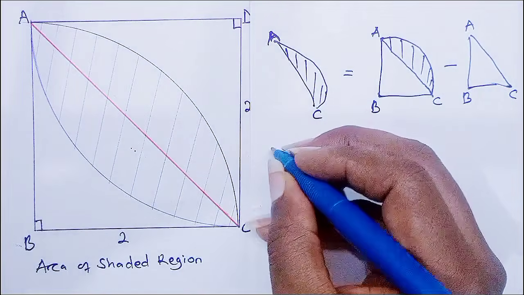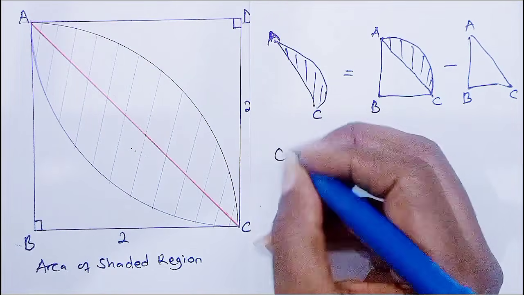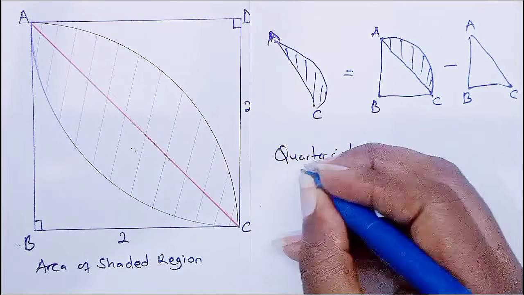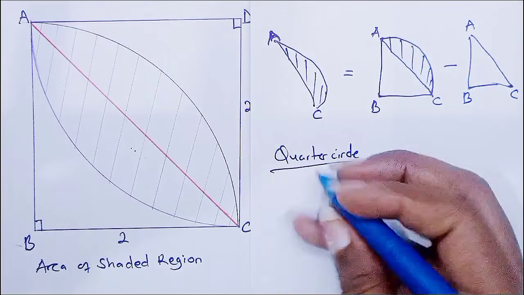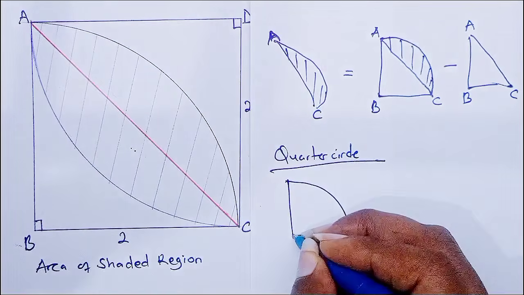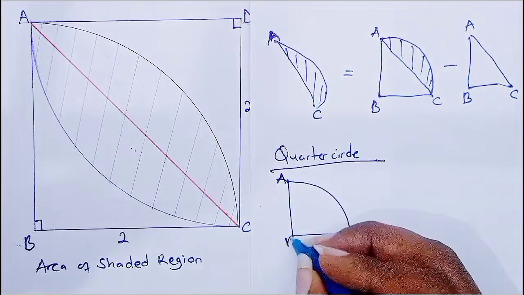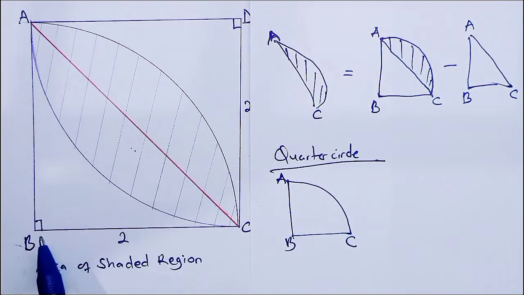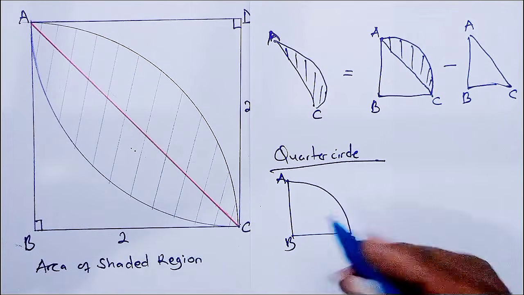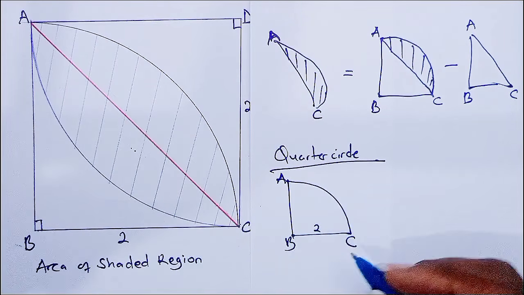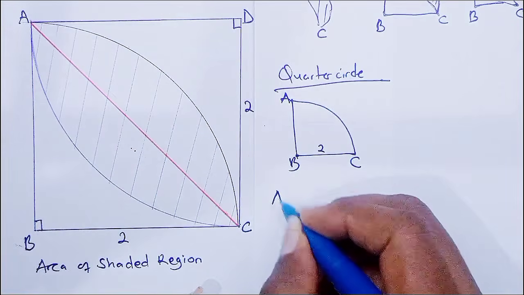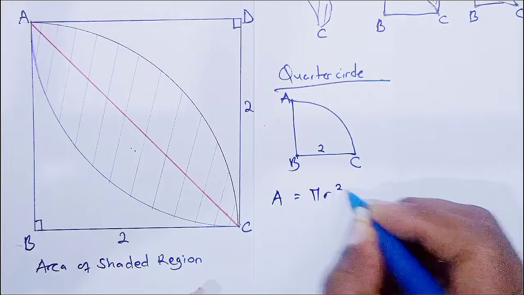So let's start by finding the area of the quarter circle. So this is the quarter circle. This is A, B, and this is C. And the radius is BC, which is 2. We know that the area of a circle is pi r squared.